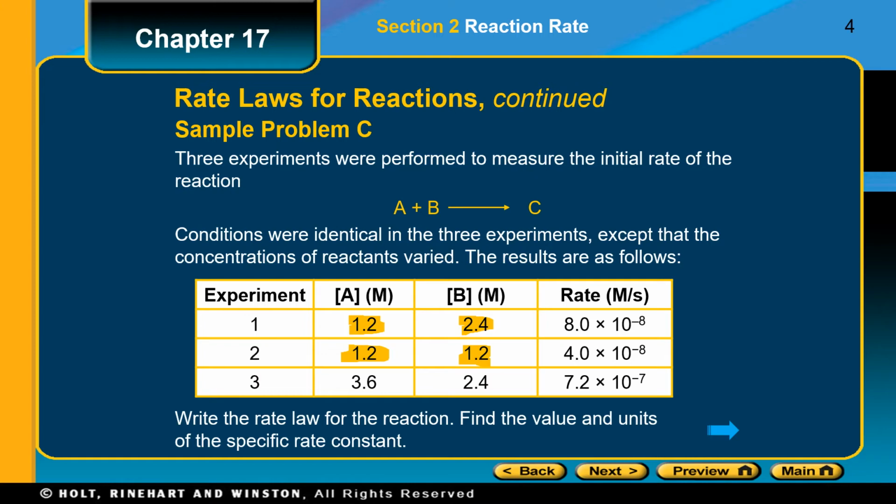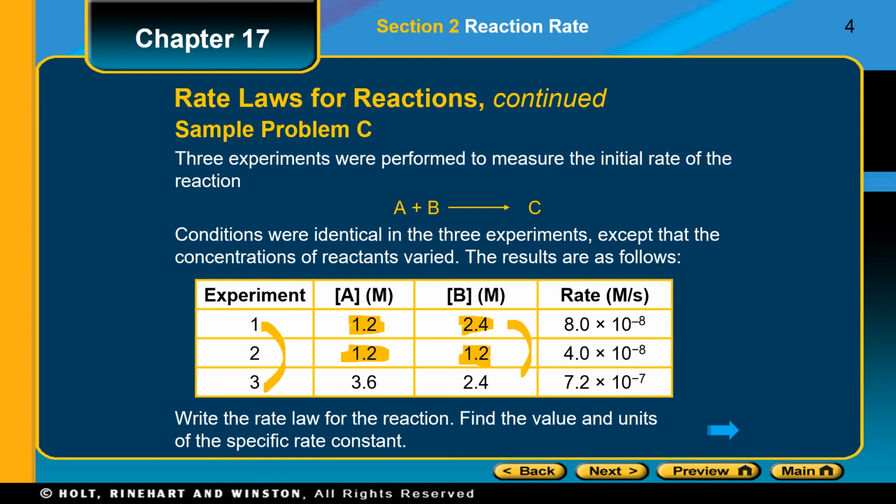Then we can look at one other thing here, which is because we can only look at one variable at a time. We could also see that when I compare experiment 1 with experiment 3, you will notice that A changes, but B does not.